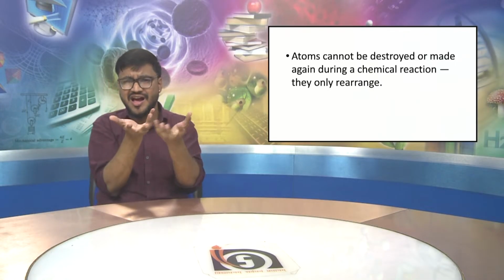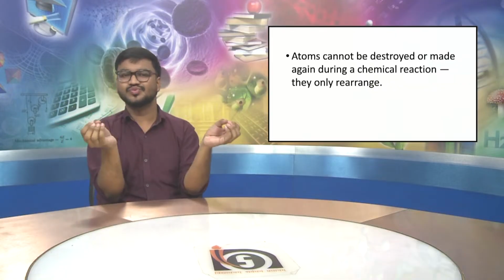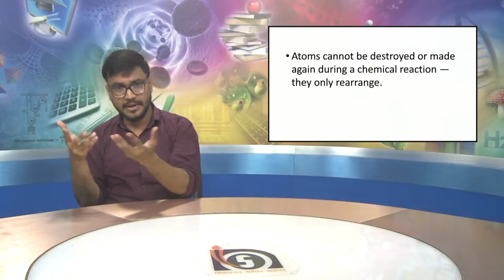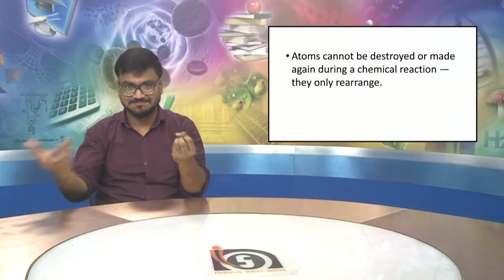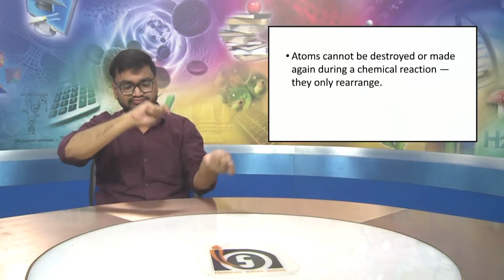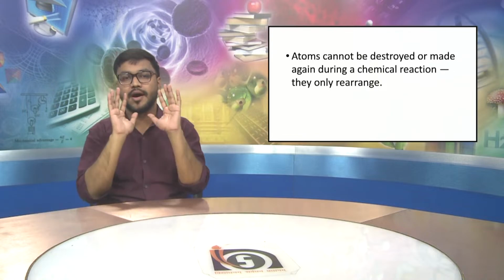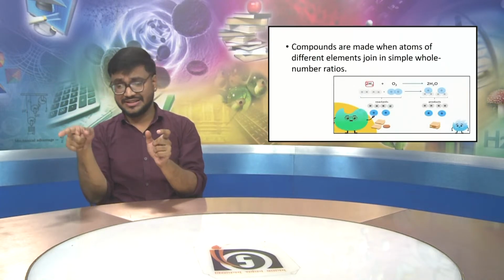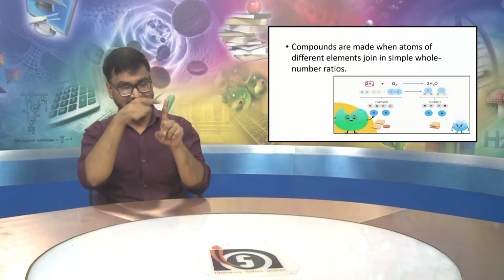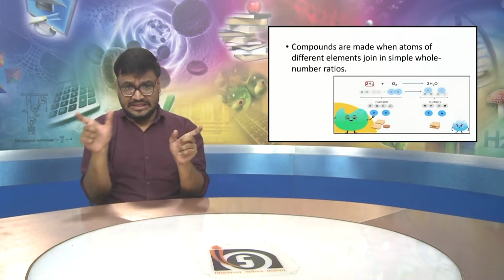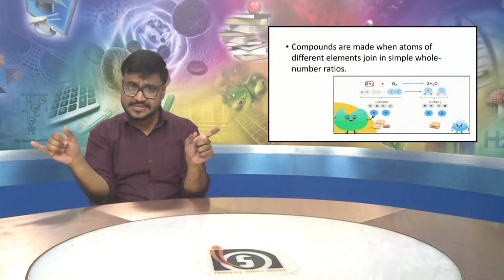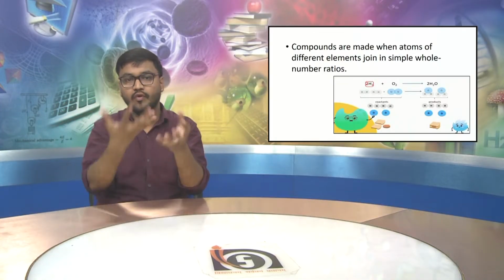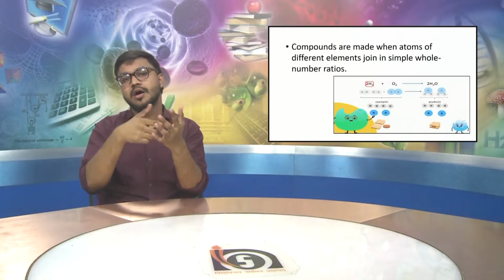And they cannot be destroyed or made again during a chemical reaction, but they can only rearrange. Compounds are made when atoms of different elements join in simple whole number ratio.